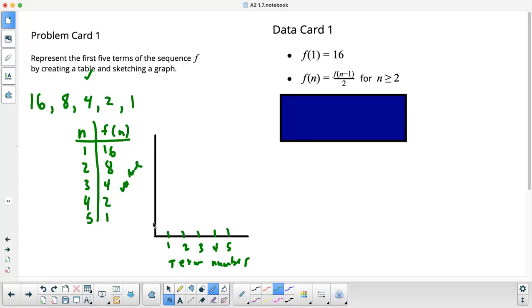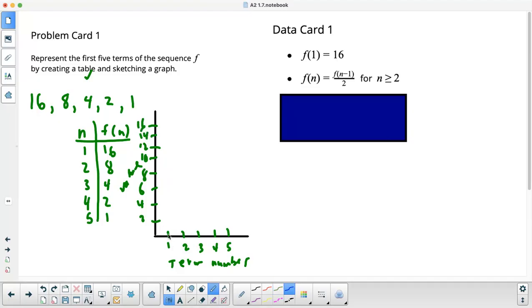So I got to go from 1 to 16. So maybe if I go by 2s, 2, 4, 6, 8, 10, 12, 14, 16. And then I can extend this a little bit. Whoops. So 2, 4, 6, 8, 10, 12, 14, 16.